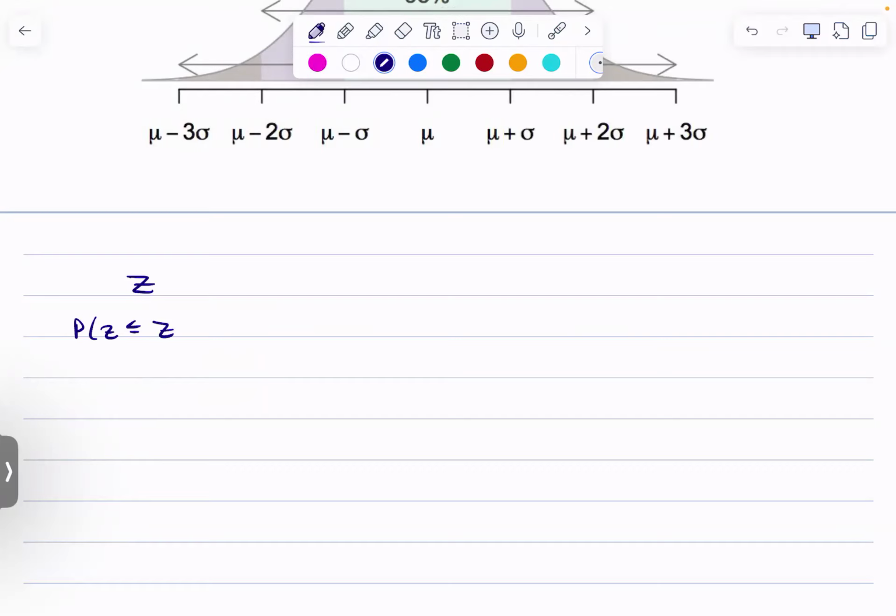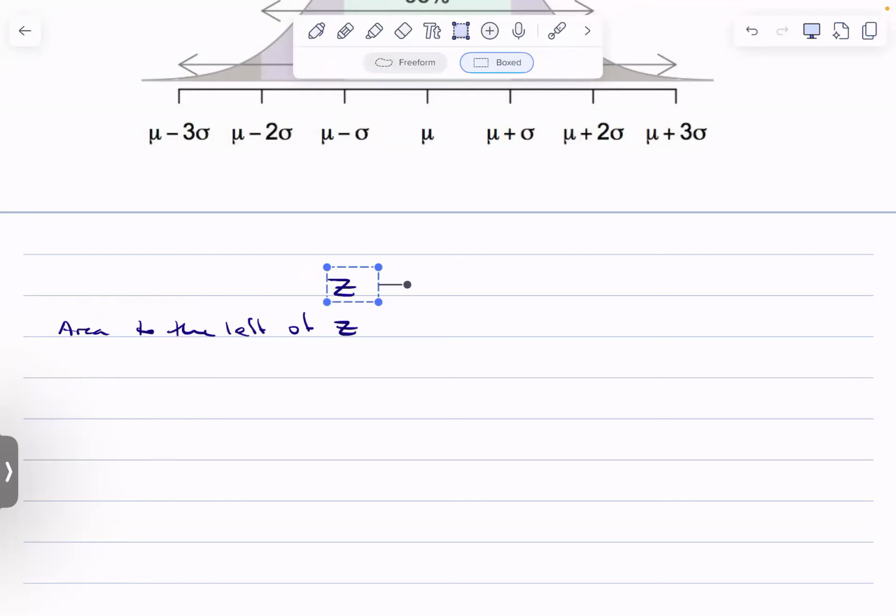I'm just catching myself. We do that. That's cheeky. Is less than or equal to Z. I'll just call it the probability. The area to the left of Z. And then I'll move this over here.